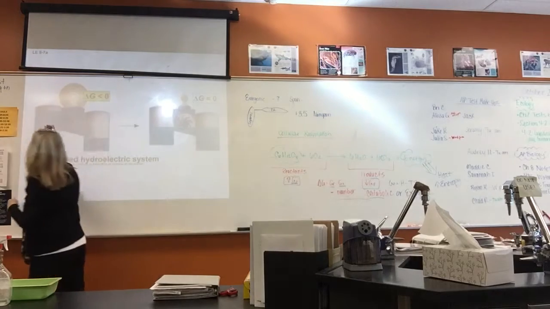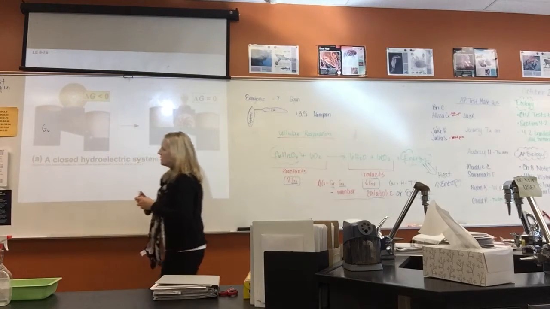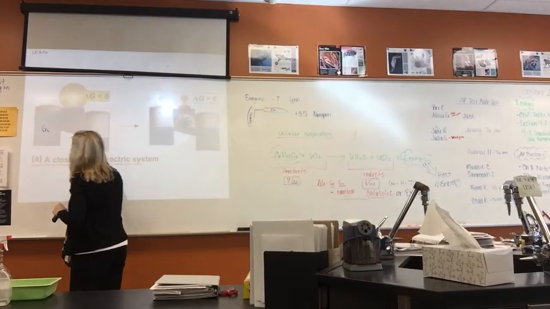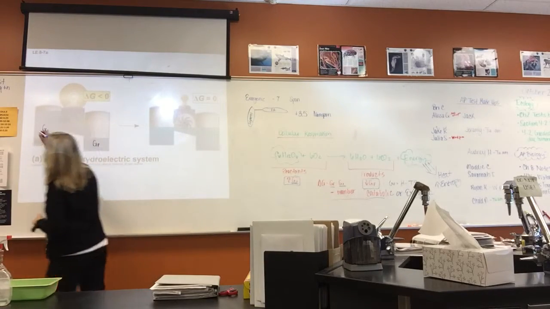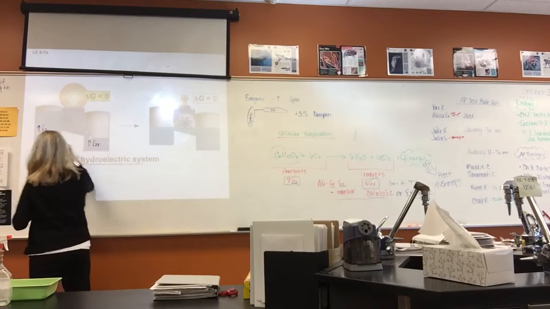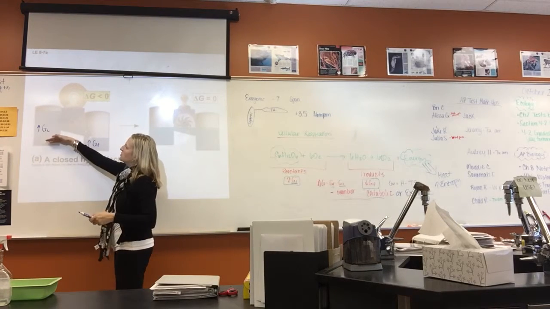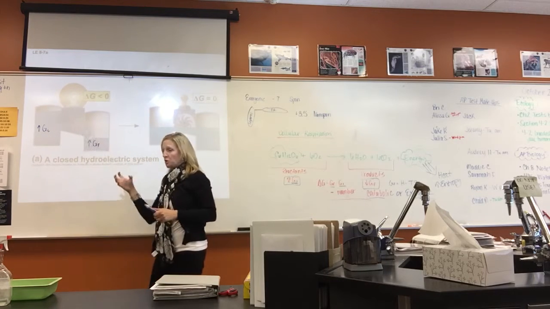This could be represented as your G initial and G final, your free energy. Which one's higher, initial or final? Initial, right? They're trying to show you that this has free energy. Notice here it's up. So this has potential energy due to its location, and therefore can flow downhill and can do work that way.